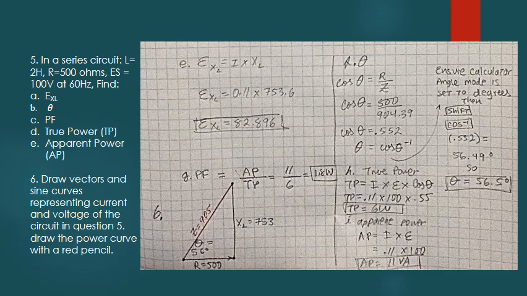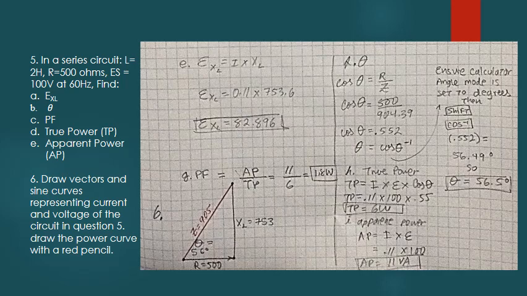Excuse me, 0.552. Get the inverse cosine of that using your calculator. Make sure your calculator is in degrees mode. Go to your mode or your options. Make sure that your angle mode is set to degrees instead of radians.